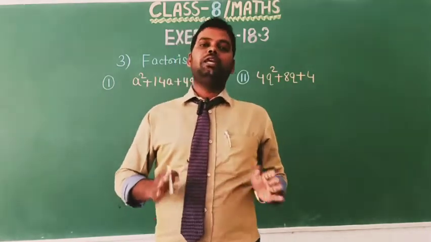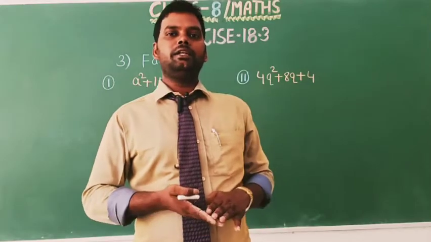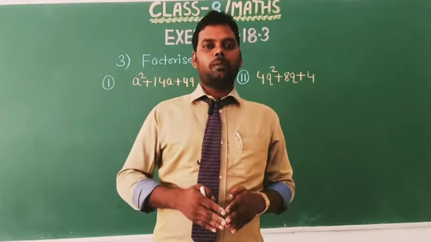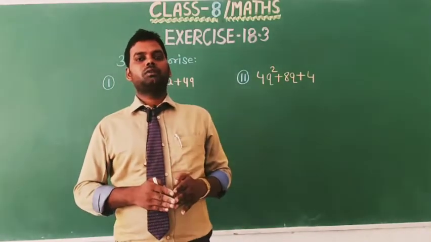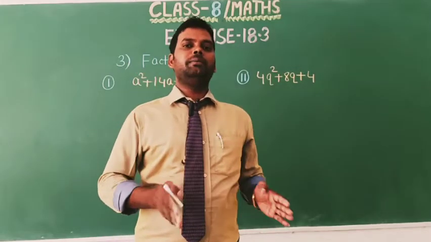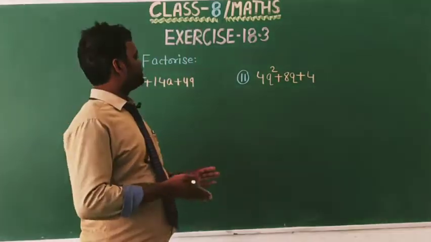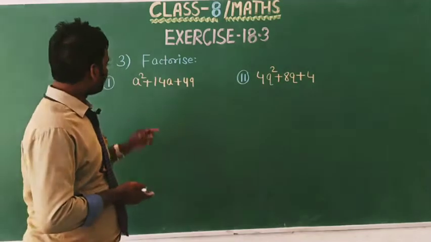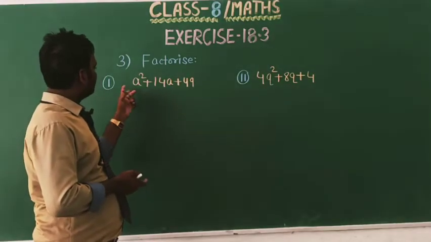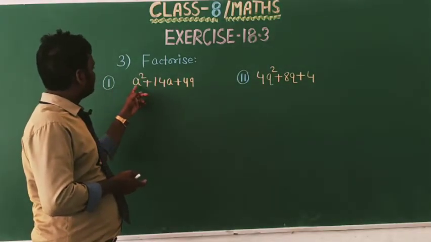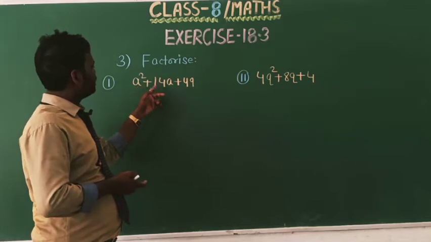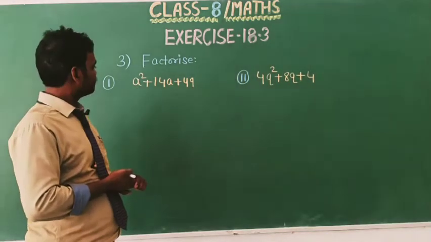By using these three identities we have to factorize the given expression. Here the first part is a square plus 14a plus 49.